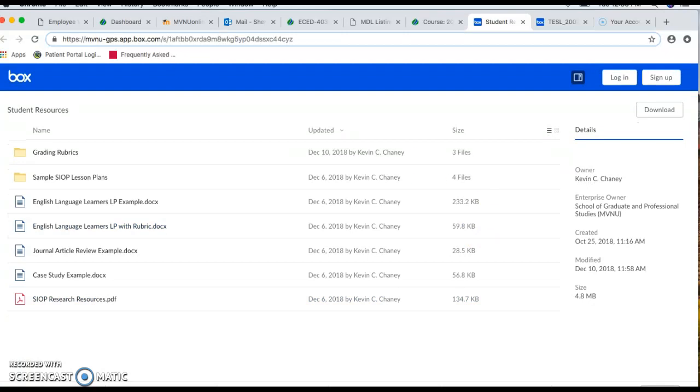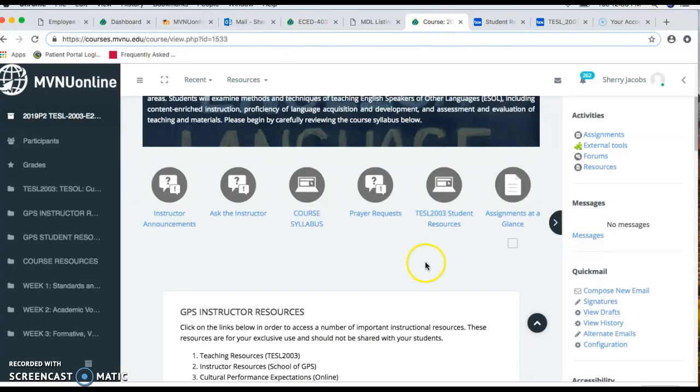So you'll find everything that you need right there for the student resources, along with those all-important rubrics that you need to have out for each course assignment as you do them.